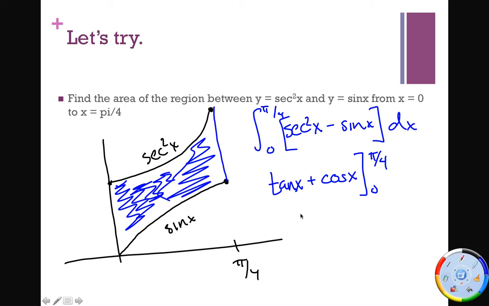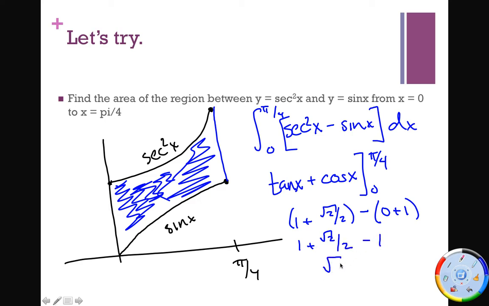Tangent of pi fourths is 1, so we get 1 plus cosine of pi fourths, which is root 2 over 2, minus tangent of 0, which is 0, and cosine of 0, which is 1. So we get 1 plus root 2 over 2 minus 1.